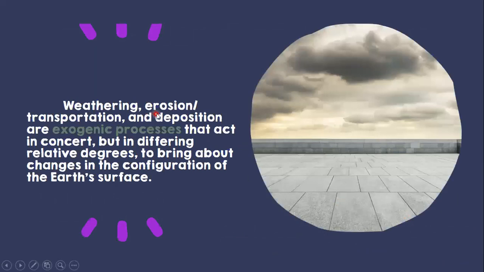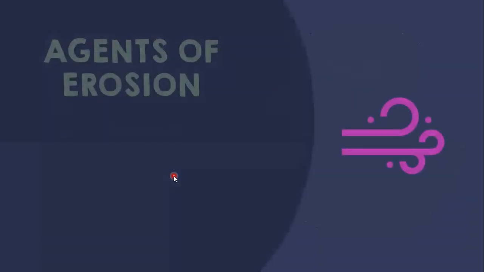So weathering, erosion, or the transportation, and deposition. When we say deposition, it is the settling of your disintegrated rocks or materials. So these are all exogenic processes, and they act now in concert but in differing relative degrees to bring about the changes in the configuration of the Earth's surface.